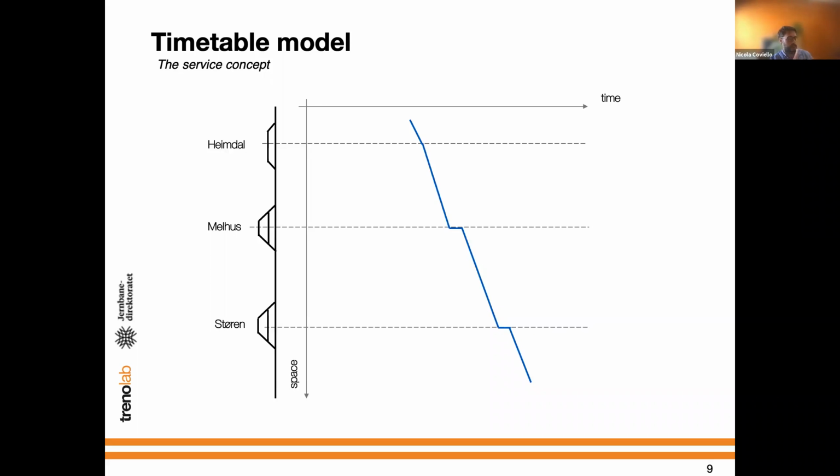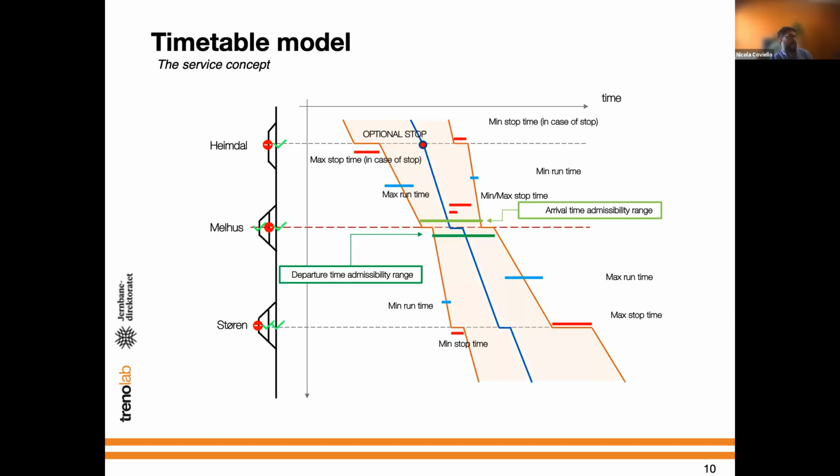We start from a desired path, and around this desired path, we define an admissibility range in time and space, which denotes the part of the time-space plane in which that path can be actually scheduled by the timetabling algorithm.